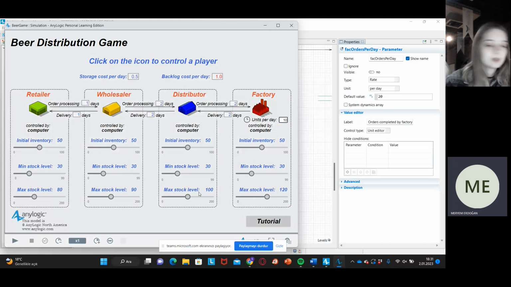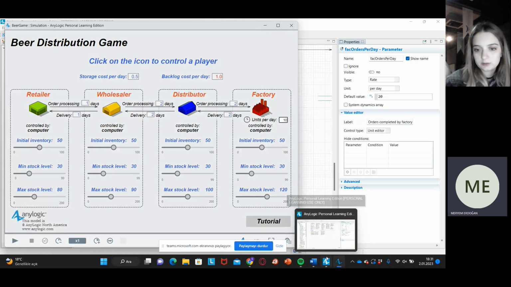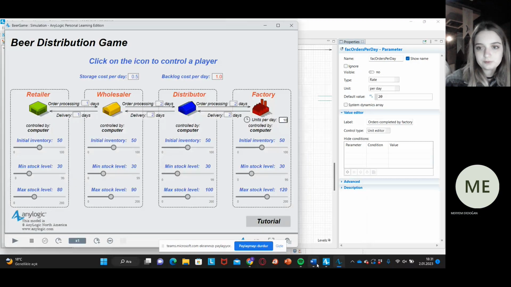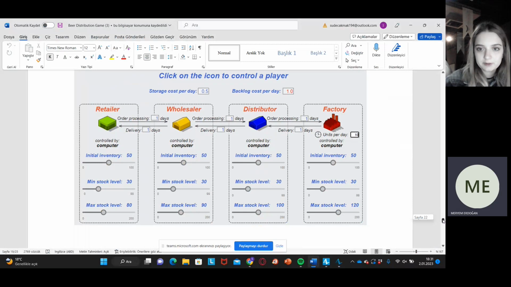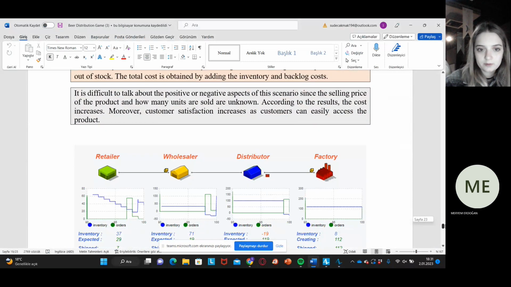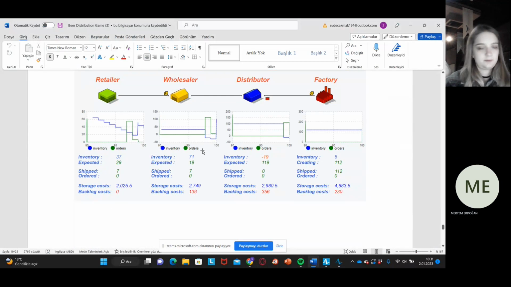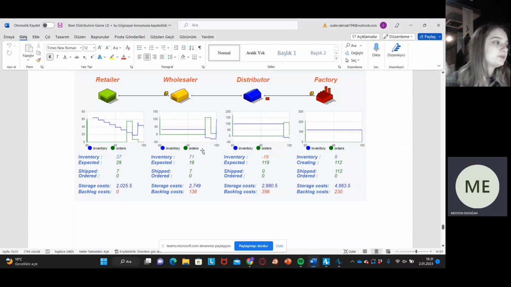After running the game, here are the values, and we have this model. So the number of days reduced from 2 to 1 and changed the units per day's value according to the number of days.